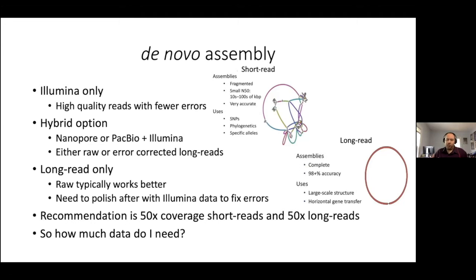One recommendation for how much data you need is 50x coverage of the short reads. That could be a little bit overkill depending on what you need to do. And then 50x long reads is an ideal situation. But those are arbitrary numbers, so how much data do you need?